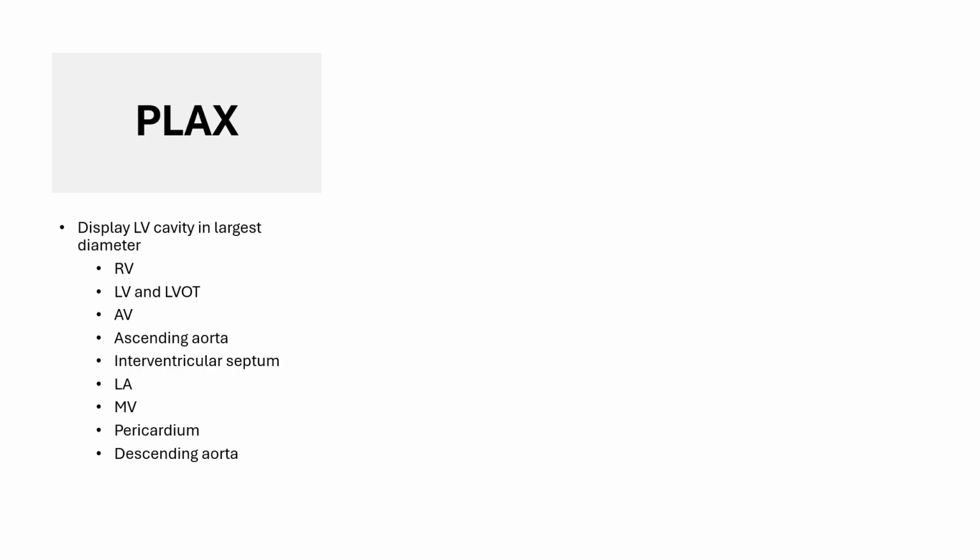So let's talk a little bit more about the parasternal long axis view. You want to display the left ventricular cavity in its largest diameter. A properly imaged parasternal long axis view does not include the left ventricular apex.